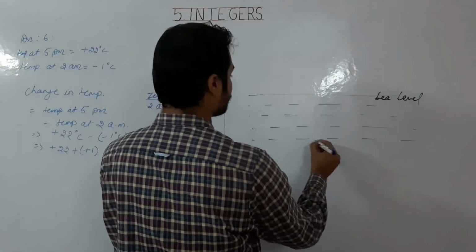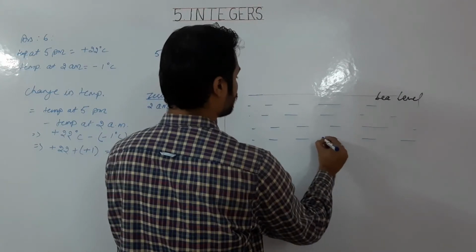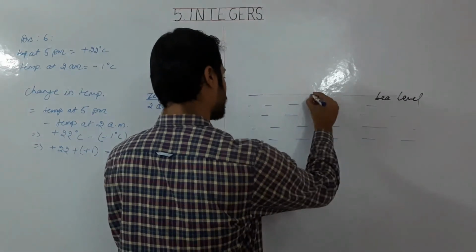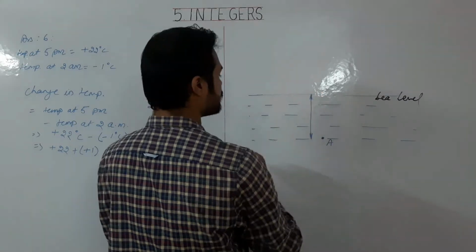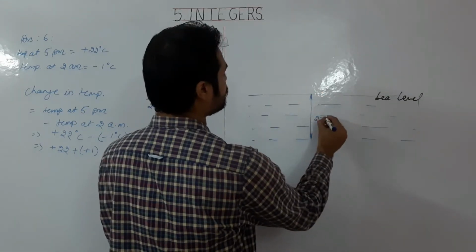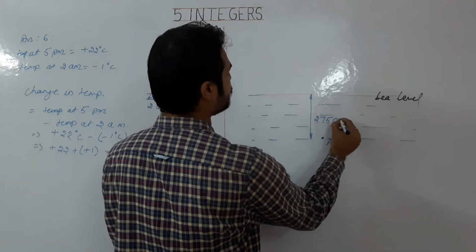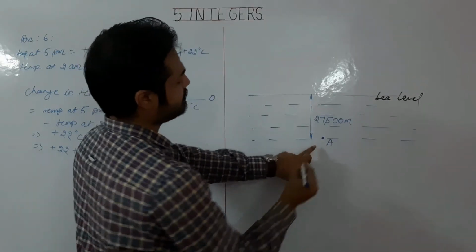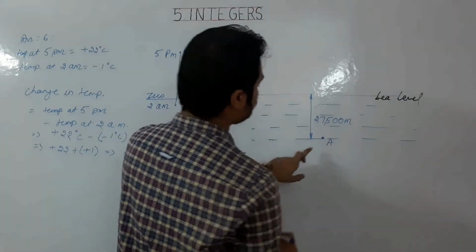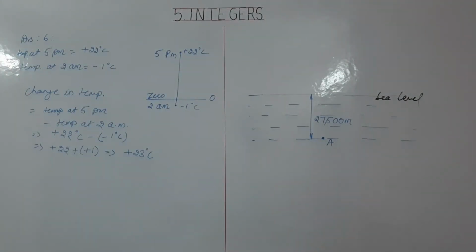So this distance is 27,500 meters below sea level. First point A is 27,500 meters below sea level.